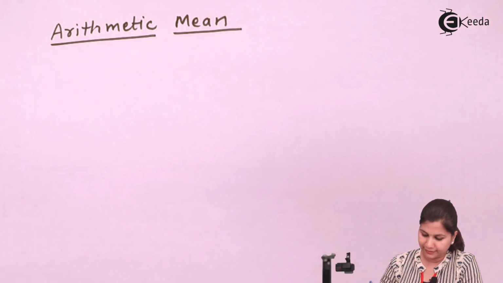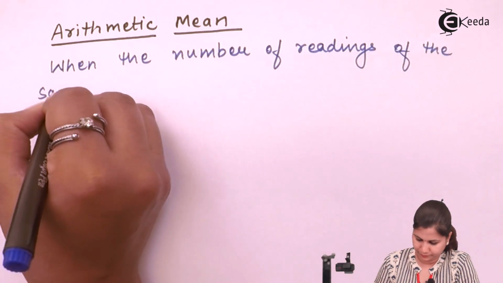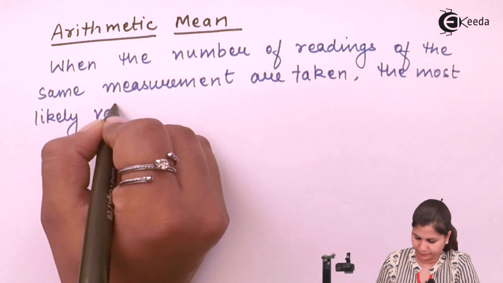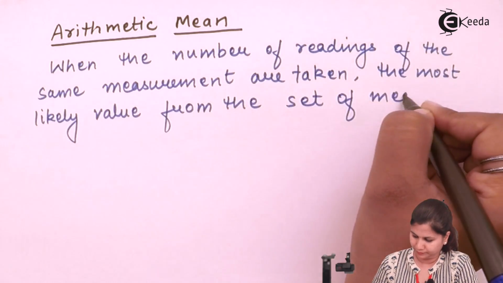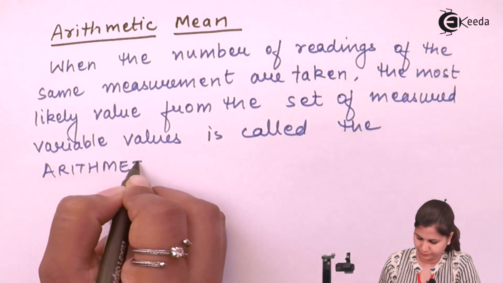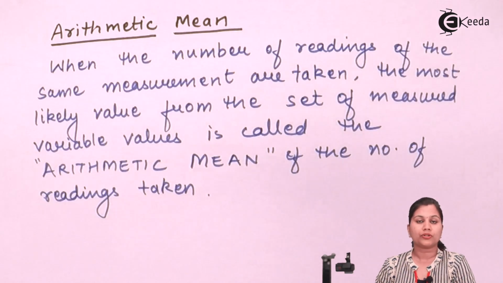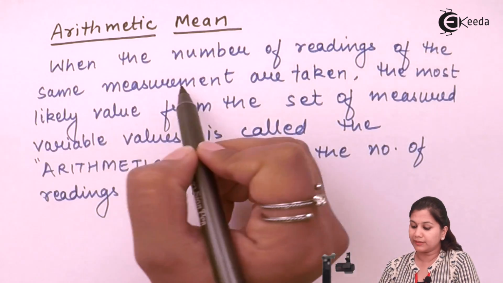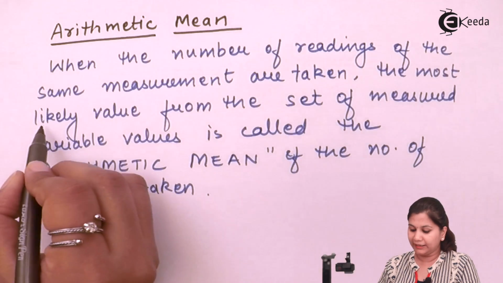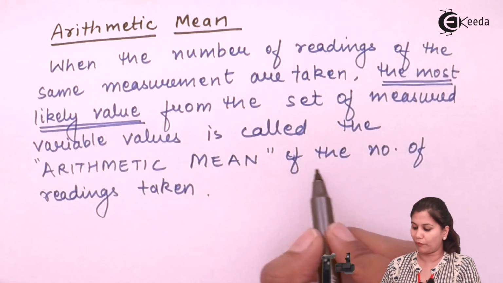So arithmetic mean is defined as follows: when a number of readings of the same measurement are taken, meaning the same value is being measured again and again, the most likely value from that set of measured variable values is called the arithmetic mean of the number of readings taken.